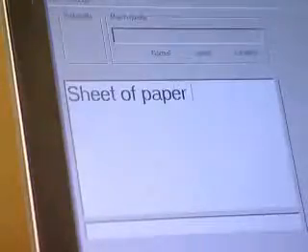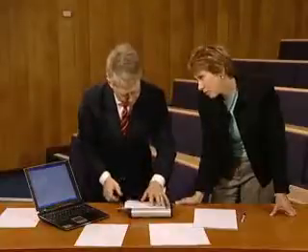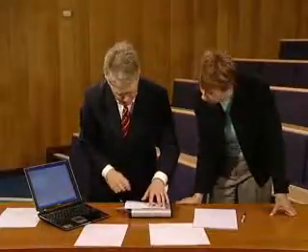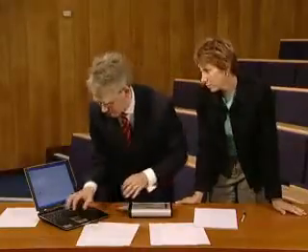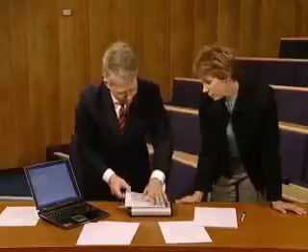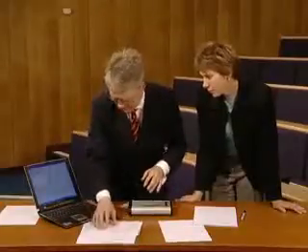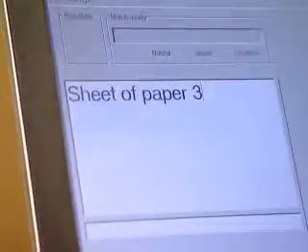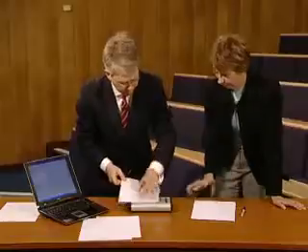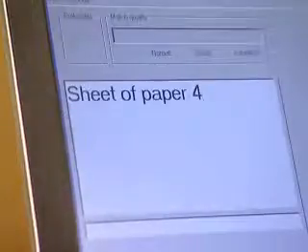We'll then do the same with the second sheet. And we'll call that sheet of paper 2. And then again with the third. And finally with the fourth. Okay, so those 4 sheets are registered on the database.